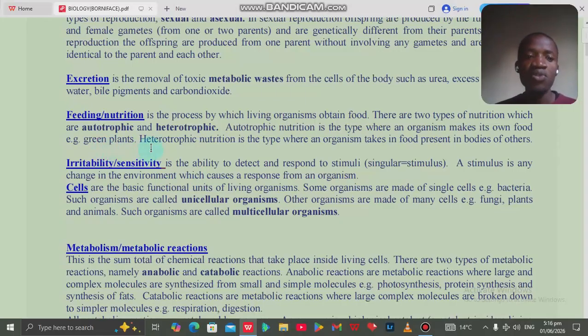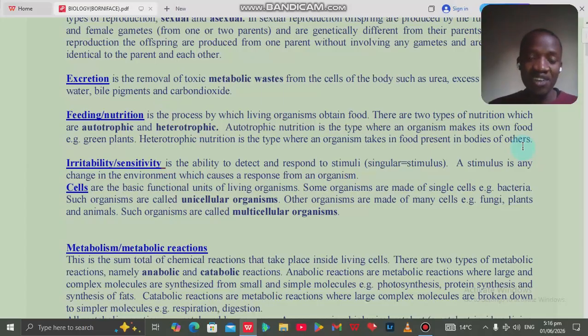Now, moving on to heterotrophic nutrition. This is the type of nutrition where an organism takes in food present in the bodies of others. We can give examples of organisms which are heterotrophs in nature. The best example we can give is human beings. As human beings, we are not able to make our own food substances, right?